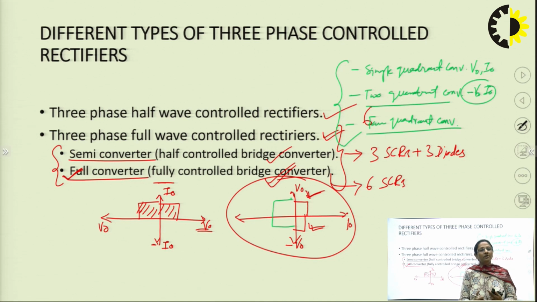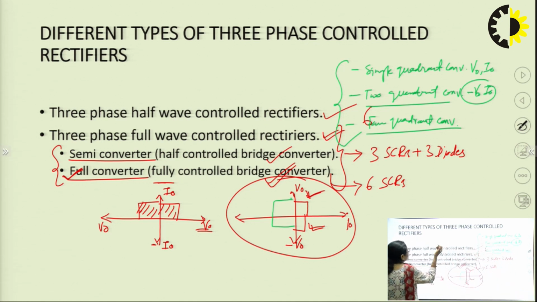There is another way of classifying the converters. It is based upon the number of pulses of the output voltage in one complete cycle of the input voltage. So, depending upon this, I can classify the converters as single pulse converter. I can have 2 pulse converter.